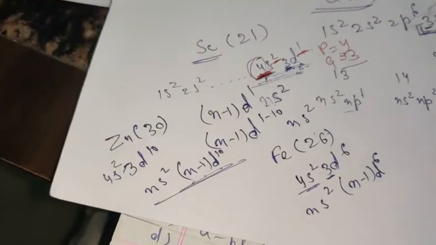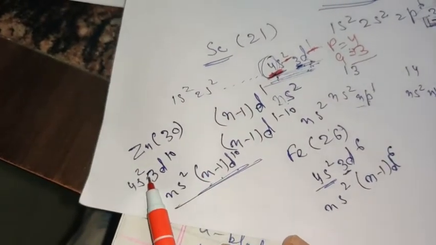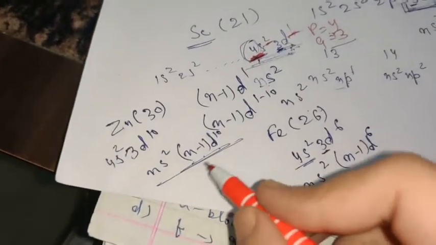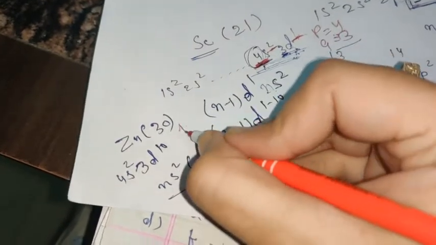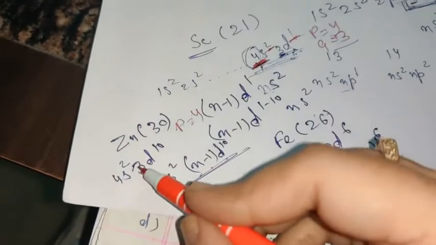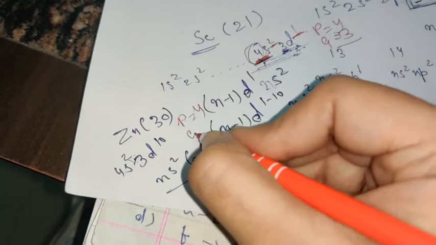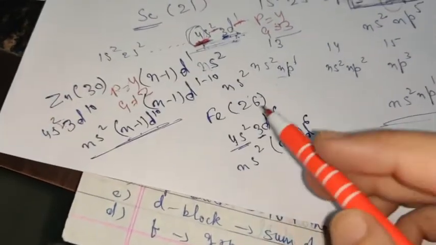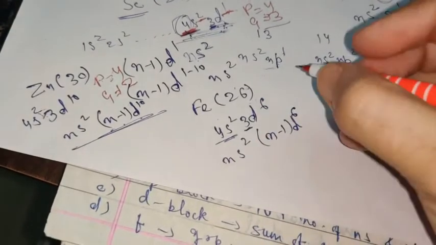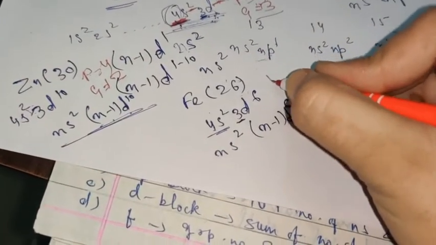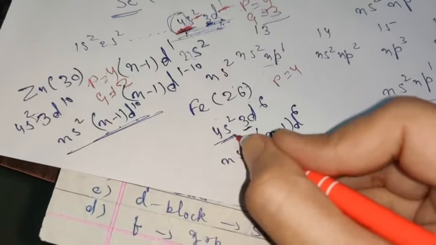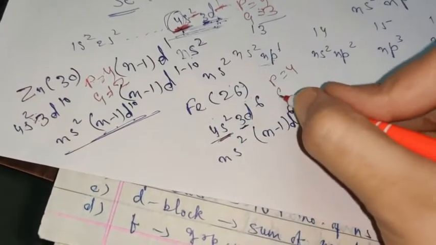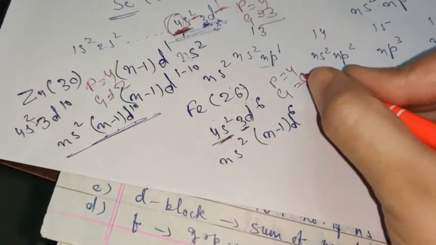Now coming to zinc, as you can see here, the block will remain D. Period is 4 and group will be 10 plus 2 equal to 12. Right? I have written iron also here. In case of iron, the value of period will be 4, as you can see, highest value, and the group number is 6 plus 2, that is 8.